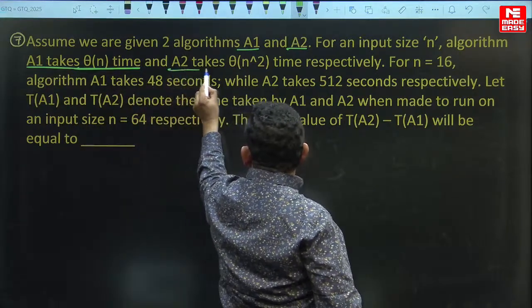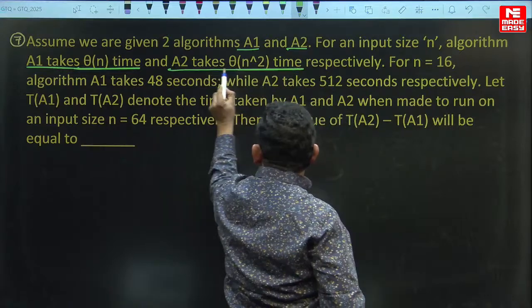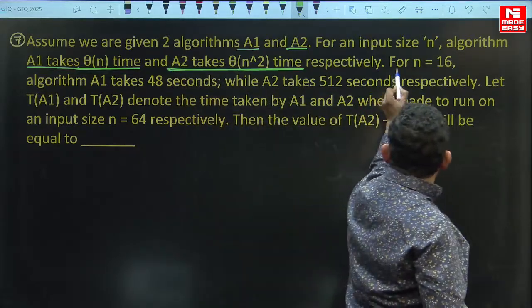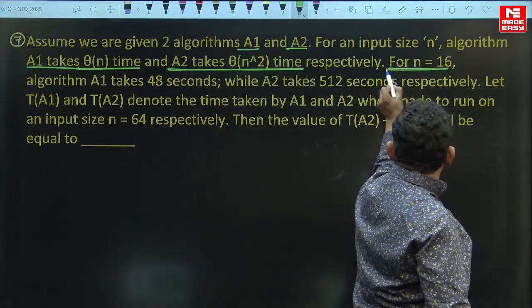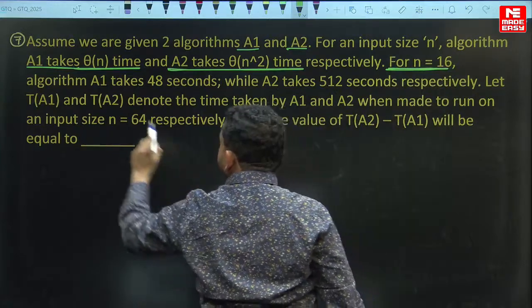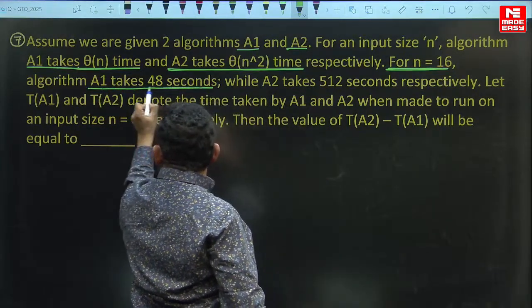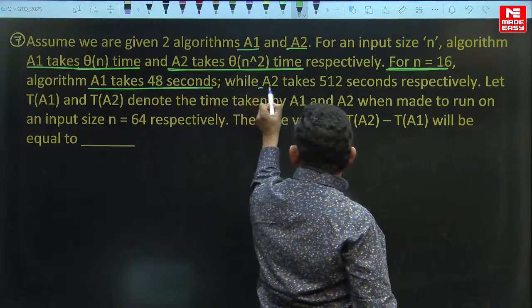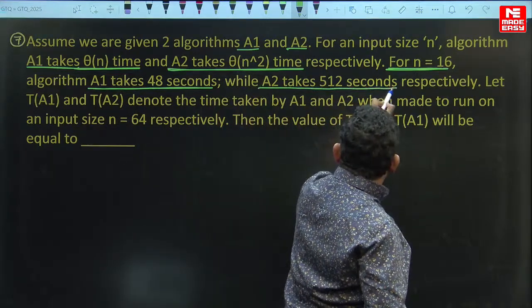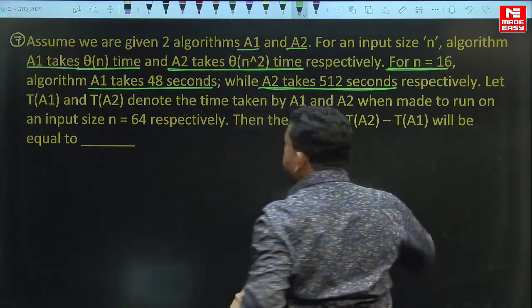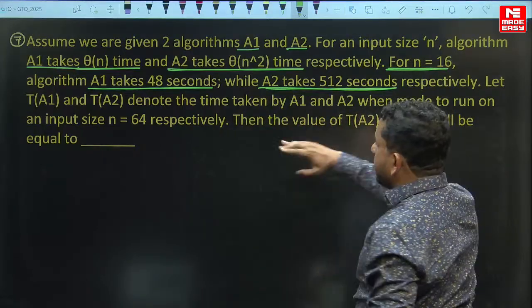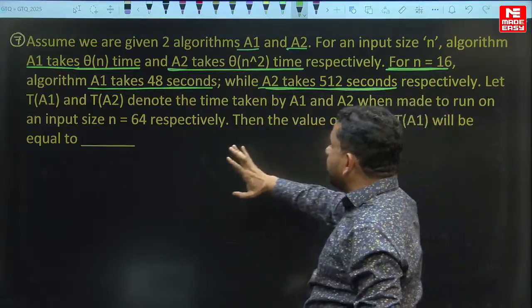Algorithm A2 takes theta of n square time. For n equal to 16 input, algorithm A1 takes 48 seconds, and algorithm A2 takes 512 seconds. So the cost T of A1 and T of A2 is given.